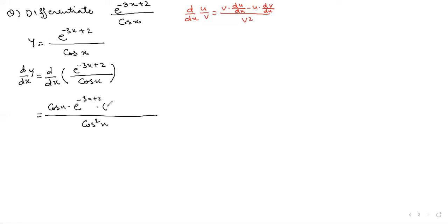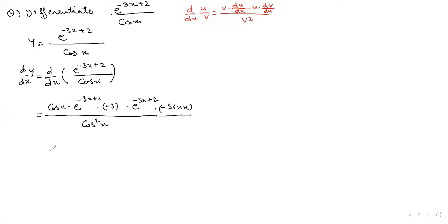The derivative of minus 3x plus 2 is minus 3 dot ln e. There is no need to write ln e, as per the formula. Now we will write down e raised to minus 3x plus 2 as it is into the derivative of cos of x. The derivative of cos of x is minus sin x.